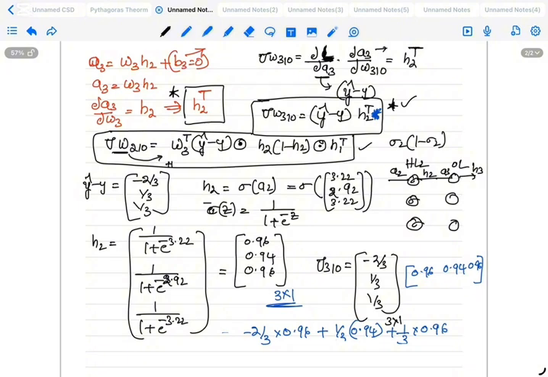In this question they gave a scaled sigmoid function, that is 2 by 1 plus e power minus z.